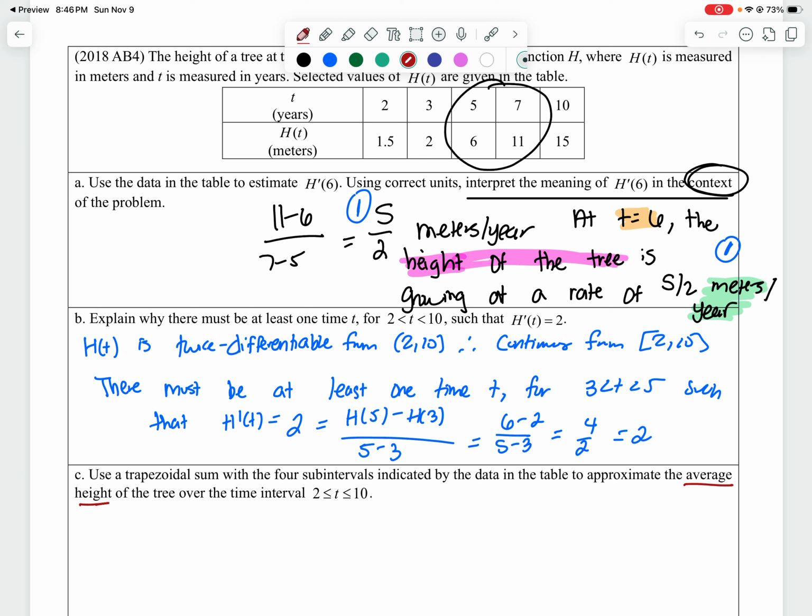If you only gave me the trapezoid sum, that represented essentially the sum of the heights of the tree for years 2, 3, 5, 7, and 10, essentially. Now, because we want to find the average height, we need to divide that by 8.